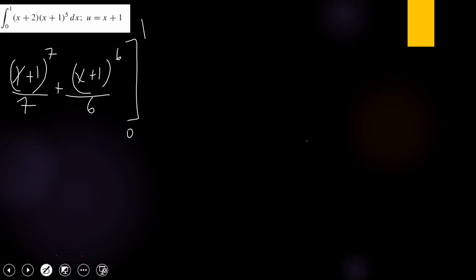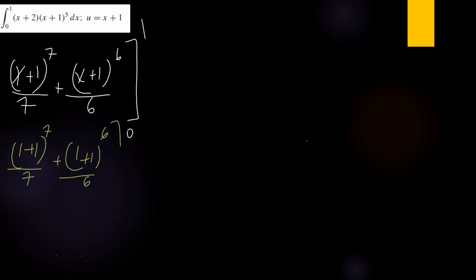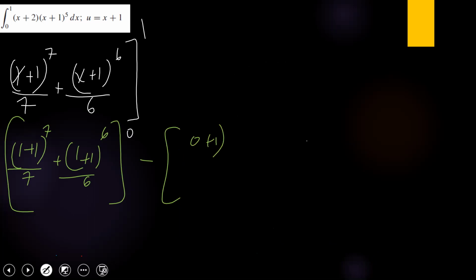Then let's evaluate. Now (1 plus 1) to the power 7 over 7 plus (1 plus 1) to the power 6 over 6, minus (0 plus 1) to the power 7 over 7 plus (0 plus 1) to the power 6 over 6.